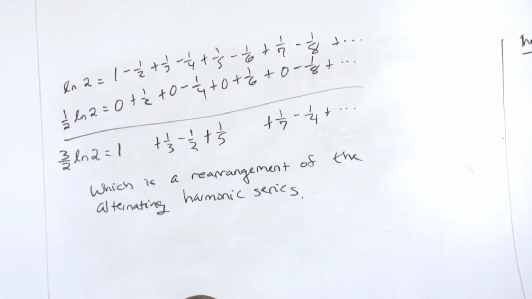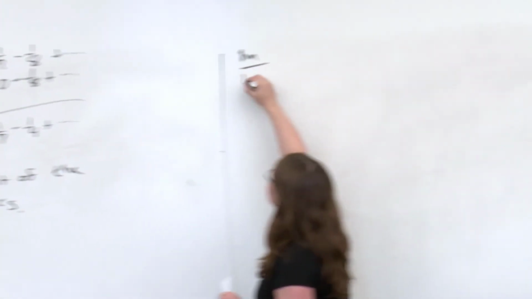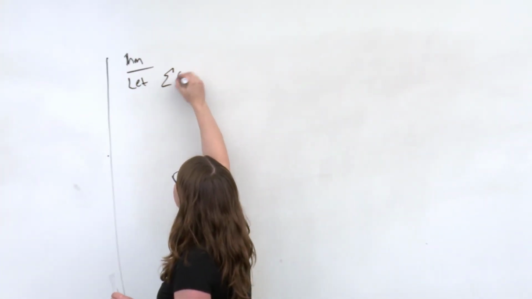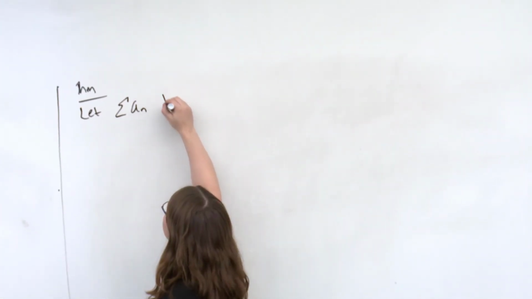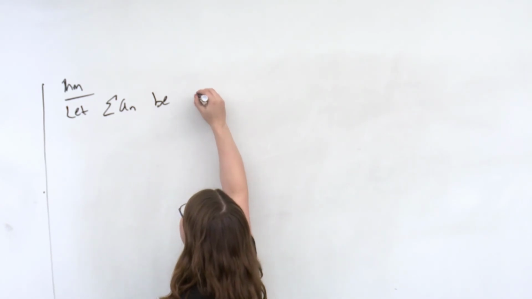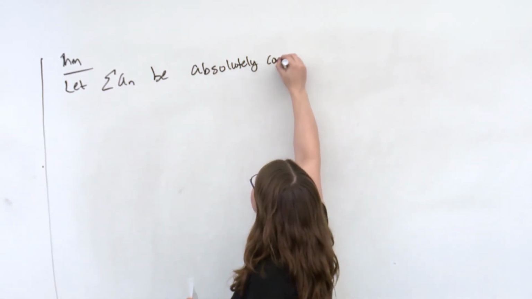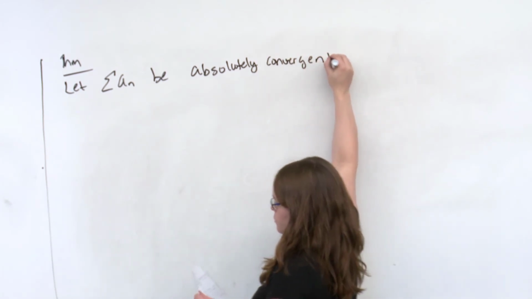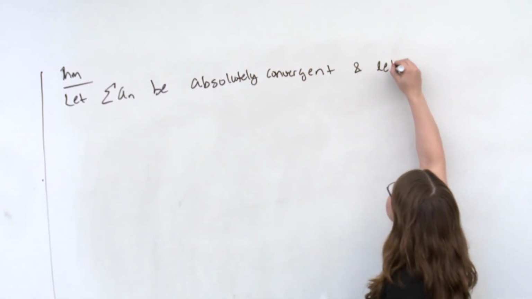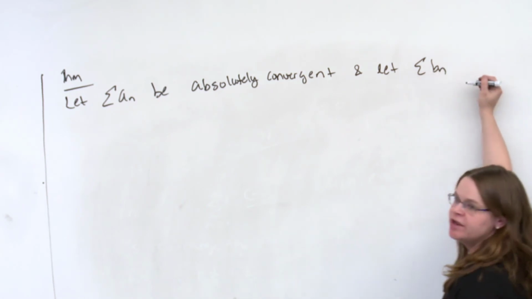If you have a series that is absolutely convergent, then you're fine. So all your terms are positive, or you take the absolute values and you're fine. So A and B absolutely convergent, and let Bn be any rearrangement.